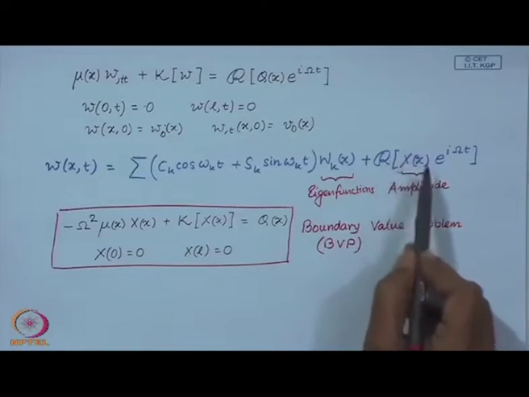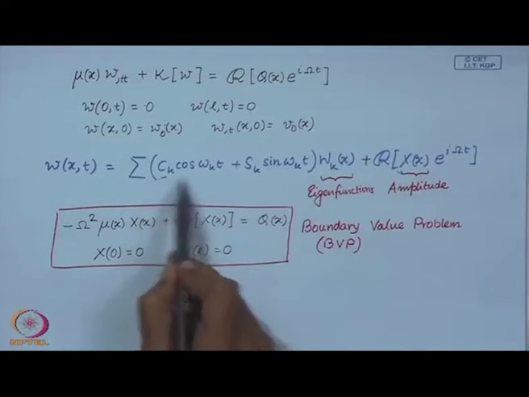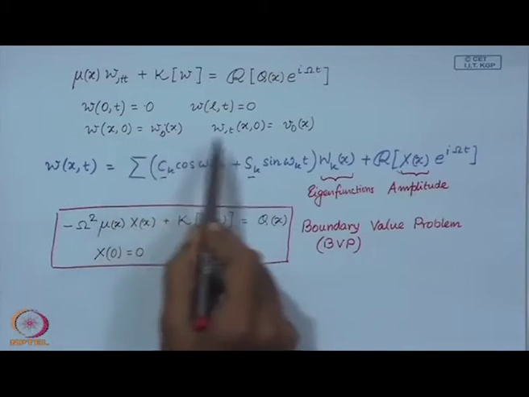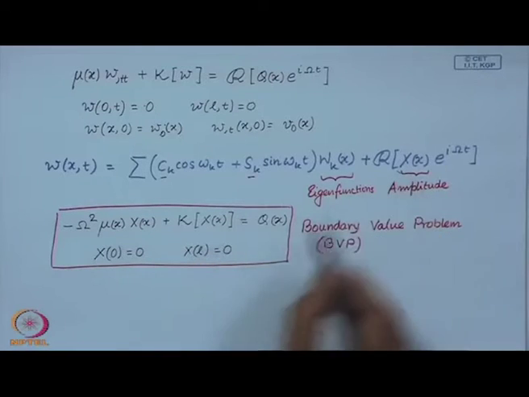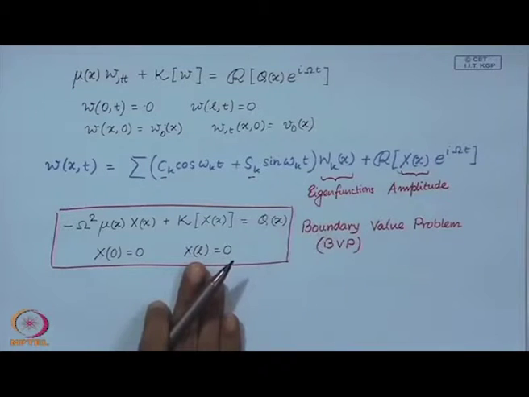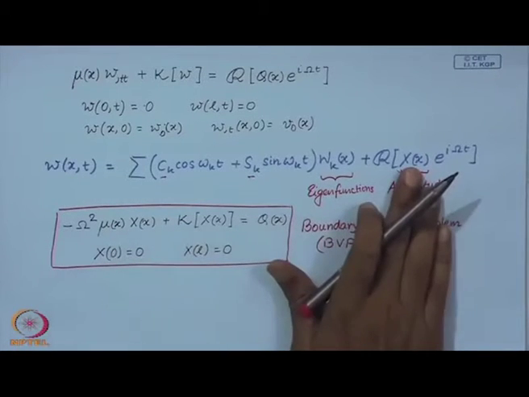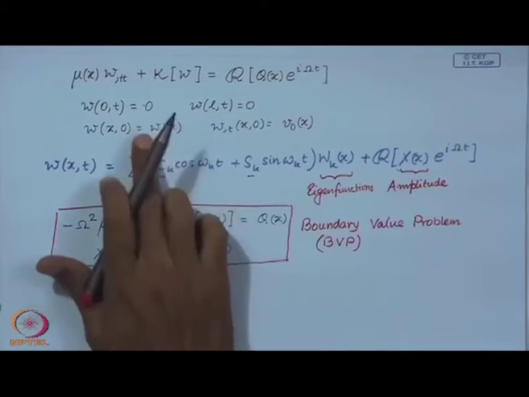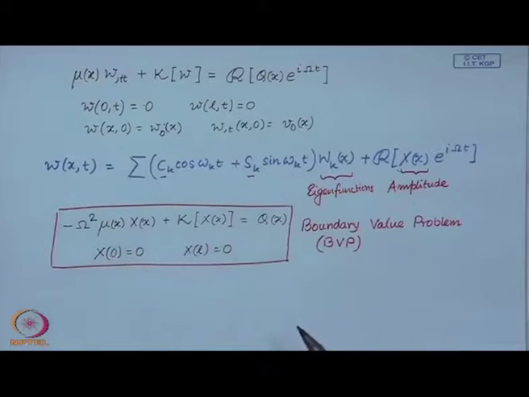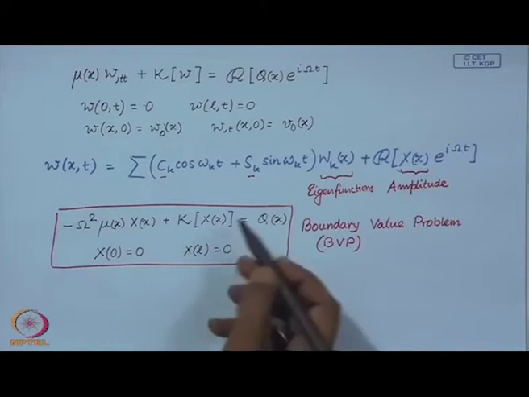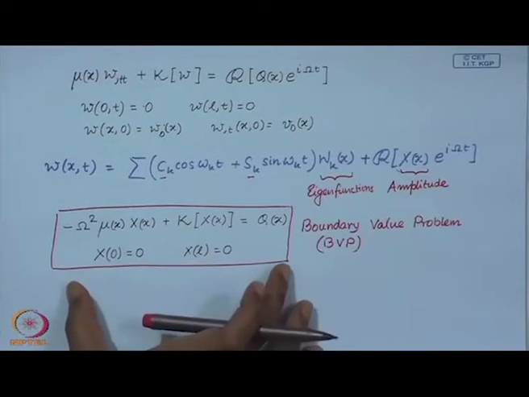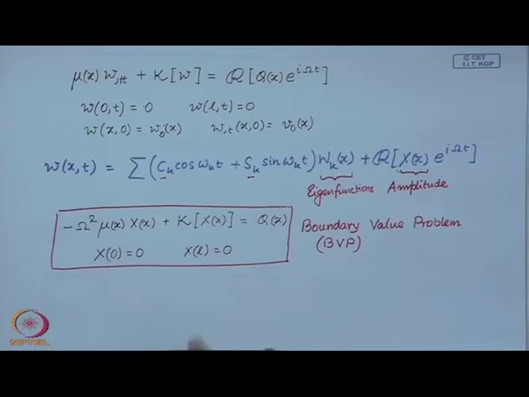So, this is the unknown here, and of course, we have unknowns C k and S k, which must be determined from the initial conditions after we have solved for the amplitude function. So, we solve this boundary value problem, determine capital X, substitute it here and then apply the initial conditions to solve for Ck and Sk, and the solution of Ck and Sk we have seen in one of our previous lectures. So, today we are going to focus on the solution of this boundary value problem.